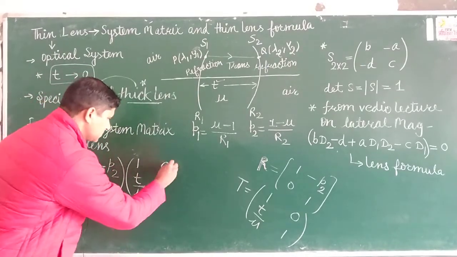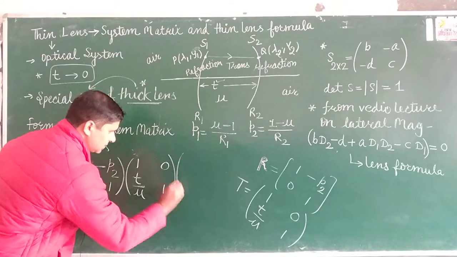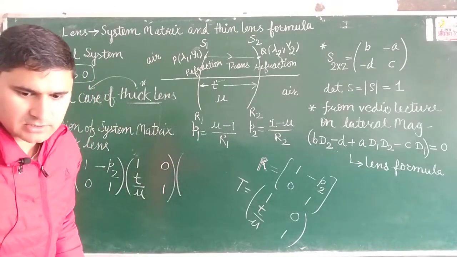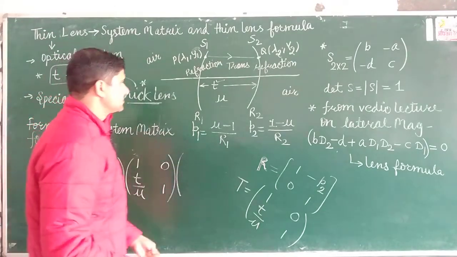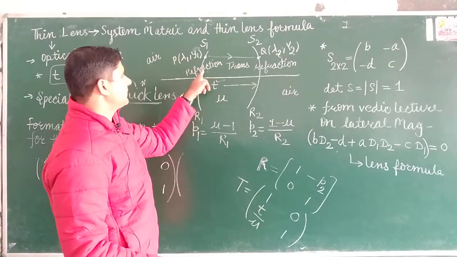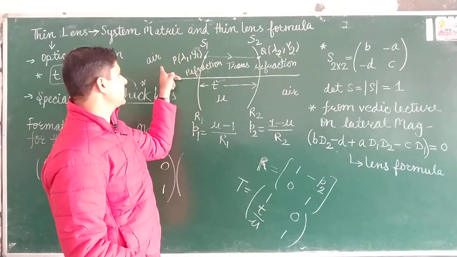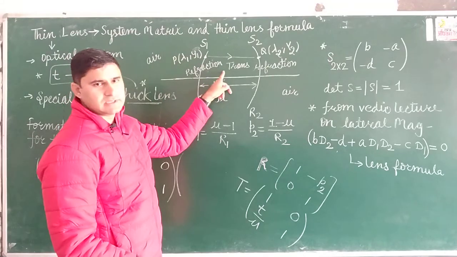So class, this is the translation matrix, and then you have again the refraction matrix. And here refraction occurs when light moves from the air medium to the glass medium.